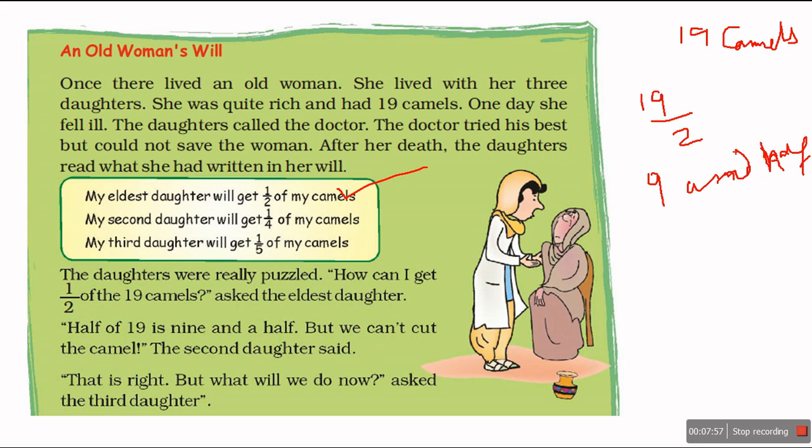But they cannot cut the camel. The second daughter will get a quarter. 19 divided by 4 will again not give complete camels. They have to cut the camel, but they cannot. The third daughter will also get like this, again not complete camels. So they were confused how to divide these camels.